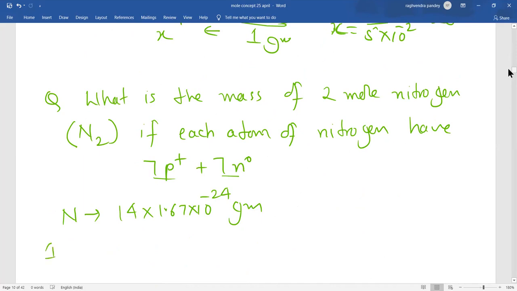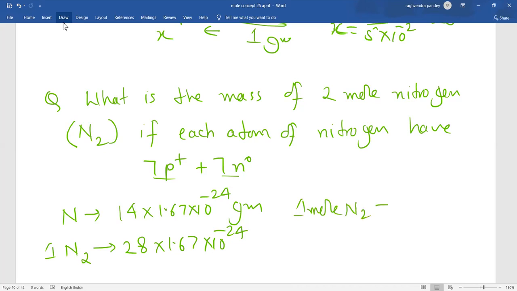Now if I take N2, that will become 28 into 1.67 into 10 to the power minus 24 grams, because N2 is 14 plus 14. Now if I take 1 mole N2, that will become 28 grams.